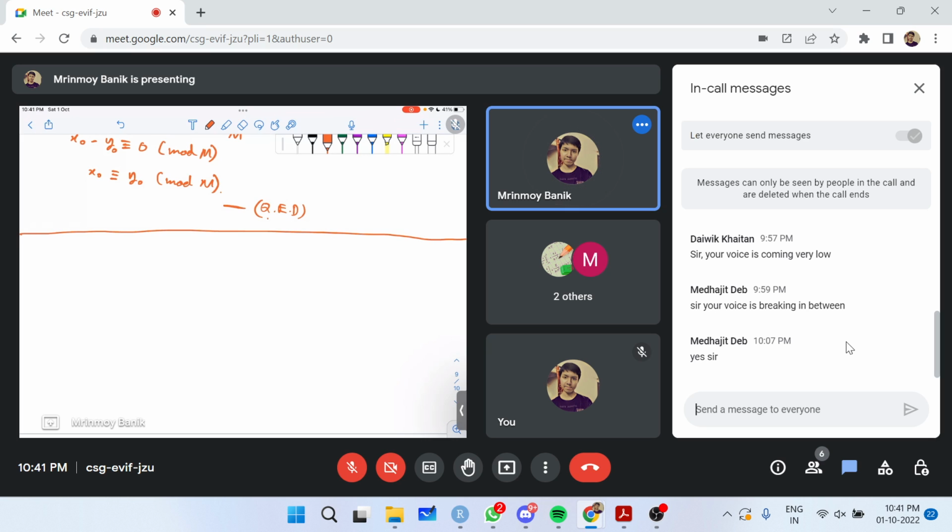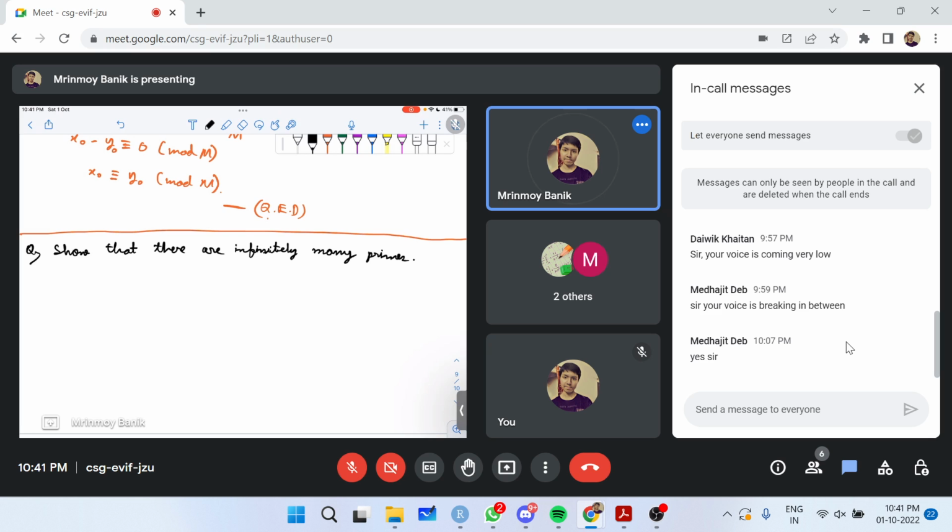Now, applications of the Chinese remainder theorem. I guess I haven't discussed problems of this type. So show that there are infinitely many primes.